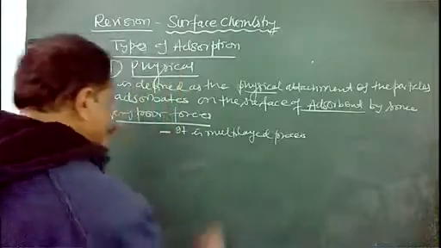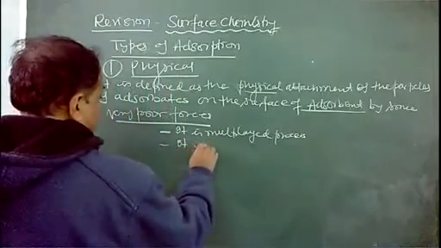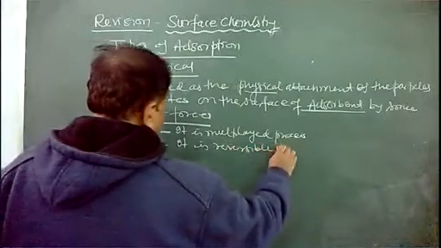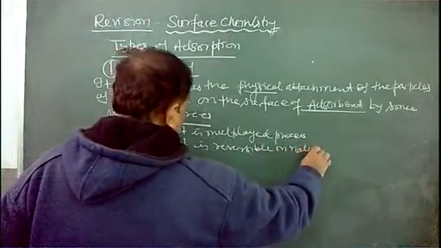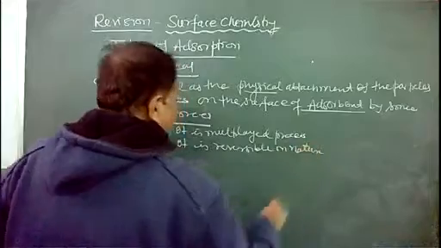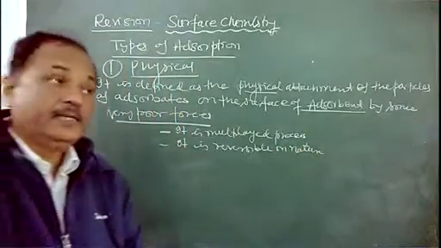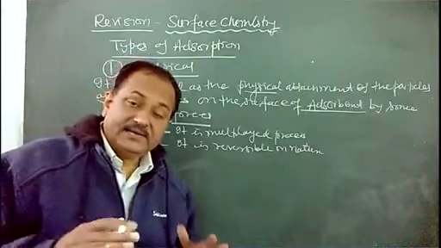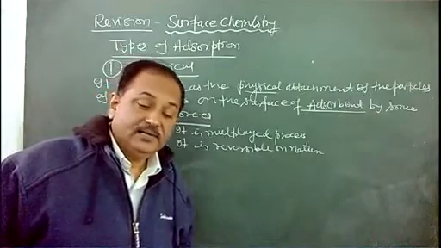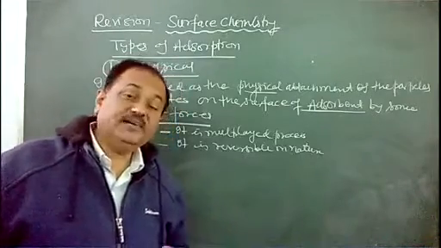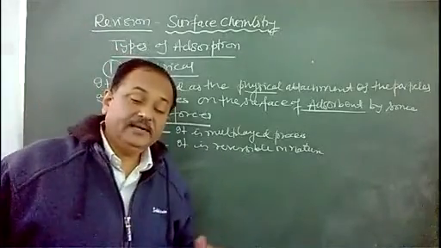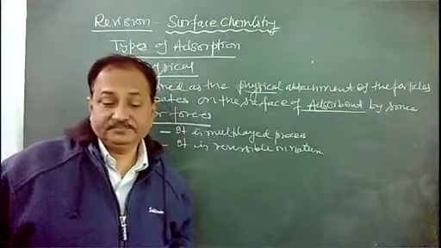Now second, it is reversible in nature. Reversible, why? Because it is the attachment by the simplest force of attraction, so it can be removed. It can be removed by a very poor force.